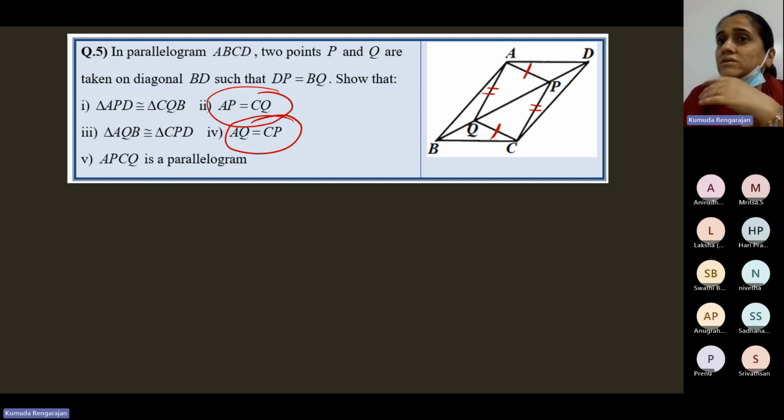This is also one of the criteria to show that a quadrilateral is a parallelogram. You have not proved parallel, and it is not needed. Both pairs of opposite sides are equal, so it has to be a parallelogram. Therefore, APCQ is a parallelogram.